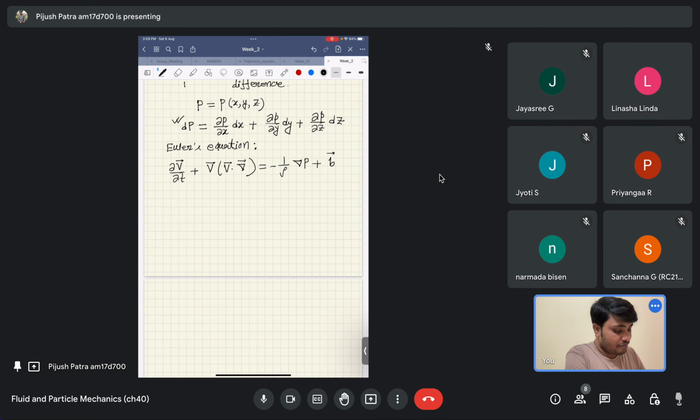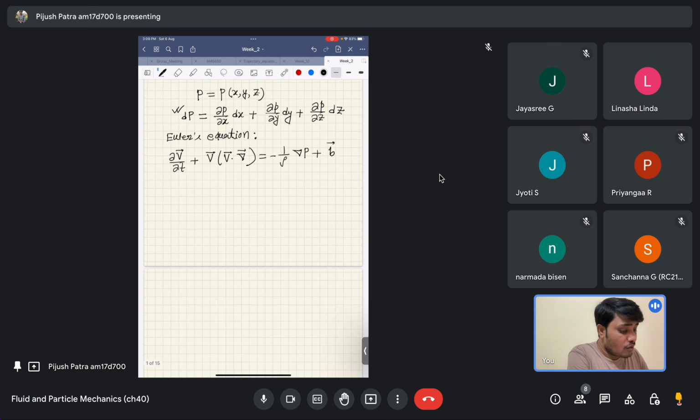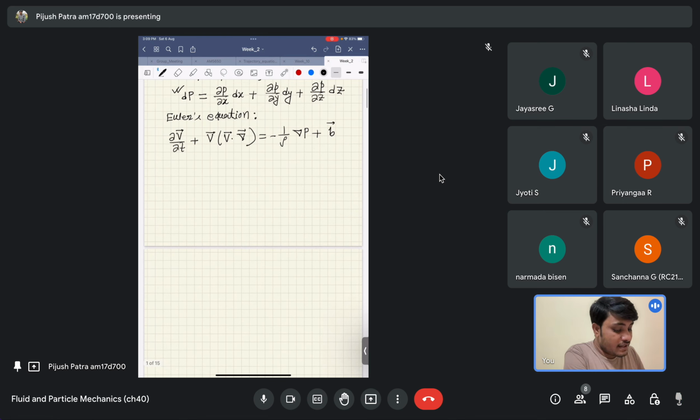What will be the x momentum equation for this without the viscous term? So in the x direction this will reduce to, okay, let me write it down.